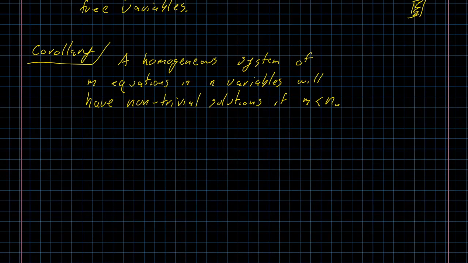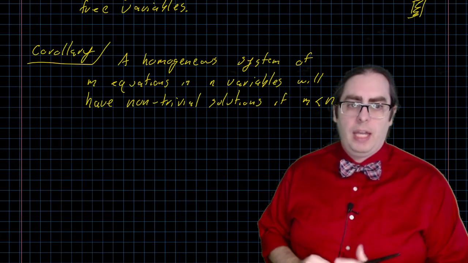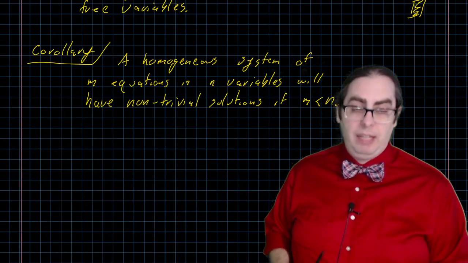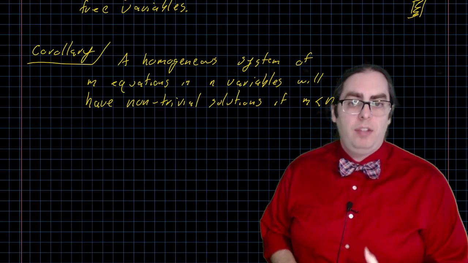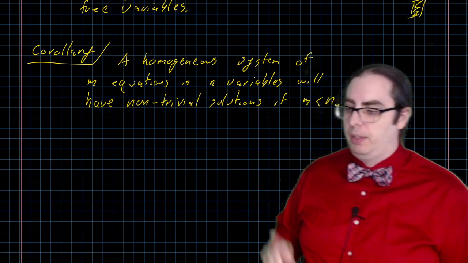Right? That doesn't seem to be related at all to the theorem that we just proved, although the relationship is very apparent once we get into it. But more than that, I want to stress the statement of this corollary. This is a one-directional relationship.